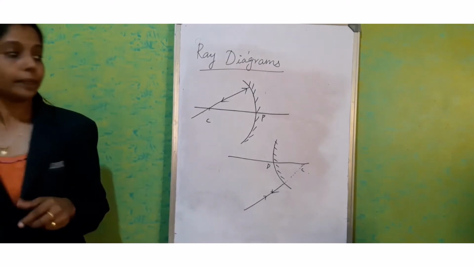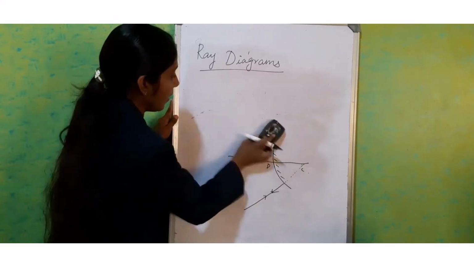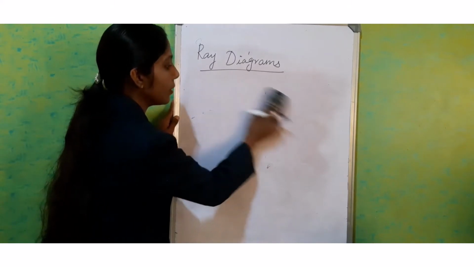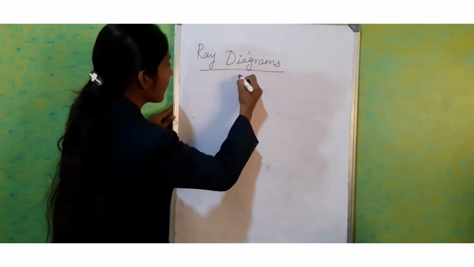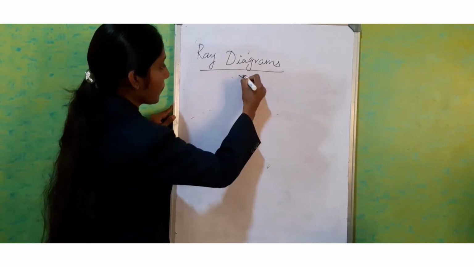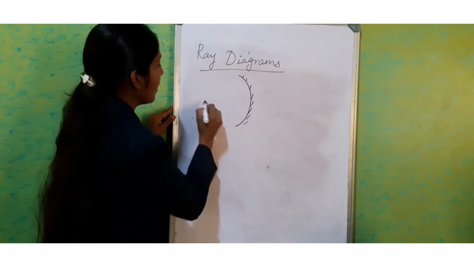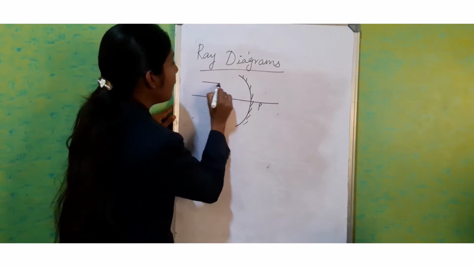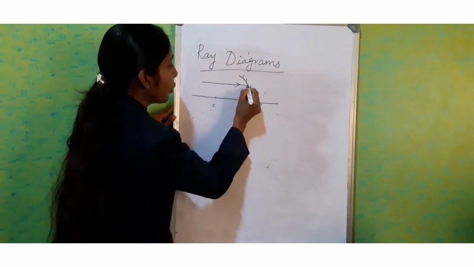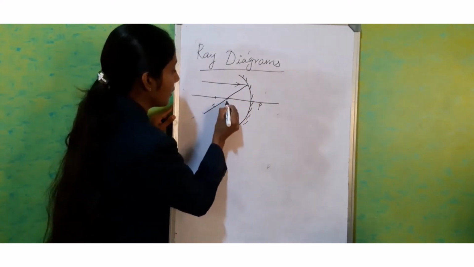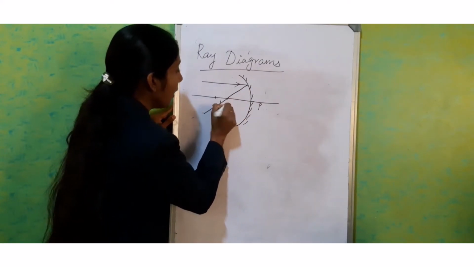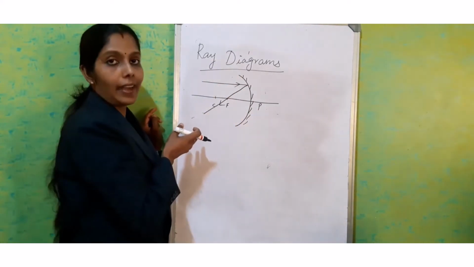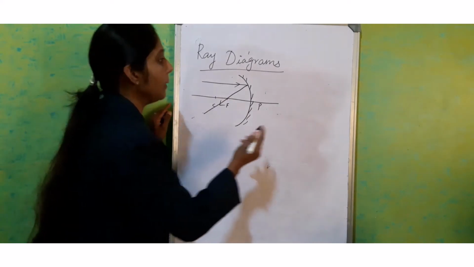The second one: a ray parallel to the principal axis. We'll see what happens to the ray when it is parallel to the principal axis. A ray parallel to the principal axis, after reflection, passes through the focus. If this is the focus, the ray parallel to the principal axis passes through the principal focus after reflection.